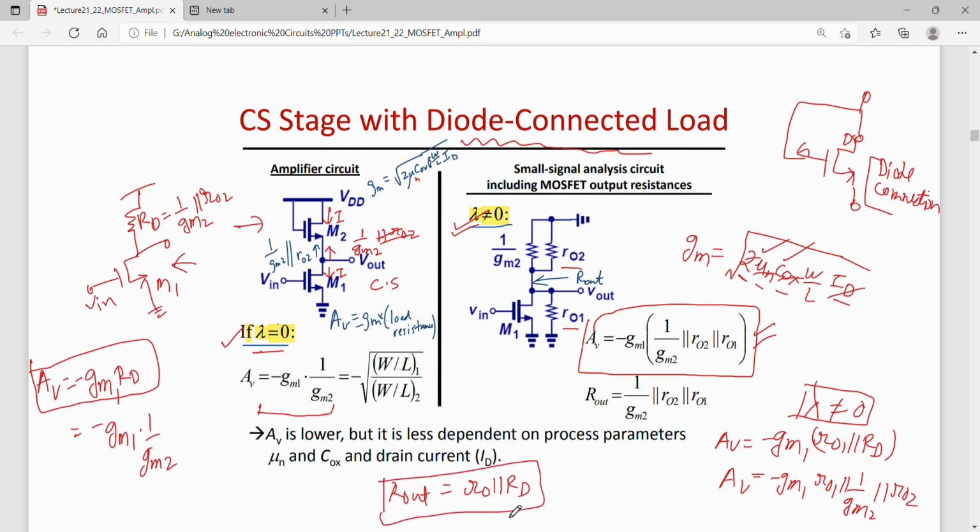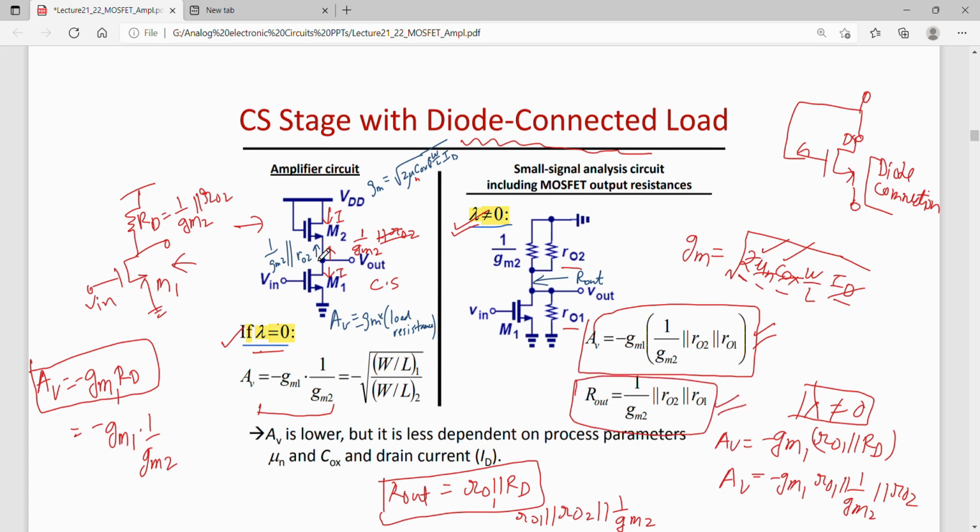So R0 here is RO1 and RD is 1 by GM2 parallel to RO2. Okay. So this will become RO1 parallel to RO2 parallel to 1 by GM2. Sorry, GM2 parallel to RO2. Yeah, correct. Okay. So R out becomes this much.